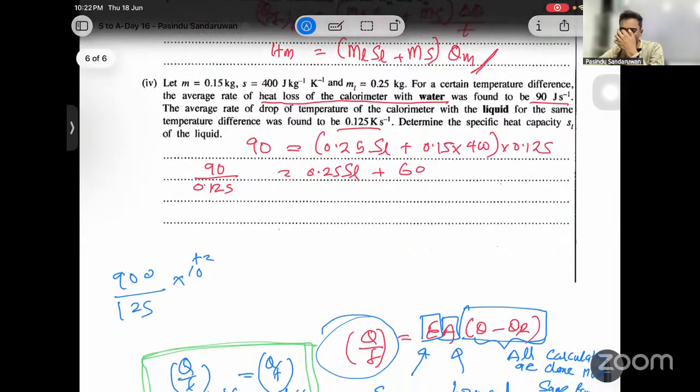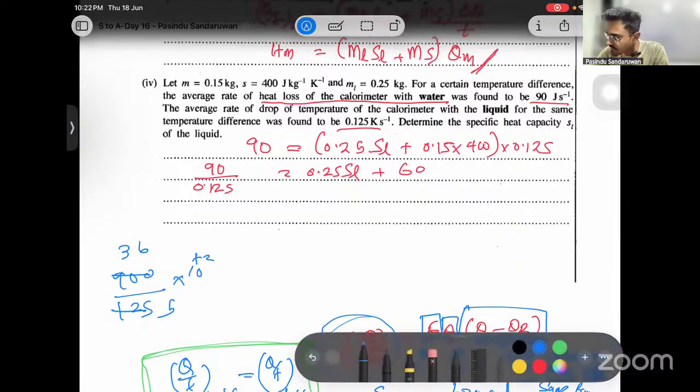Then 125 and 900, by 25, 25 times 5 here, this is 25 times 36. Then 36 over 5 is 7.2, that is 720. It is divisible.